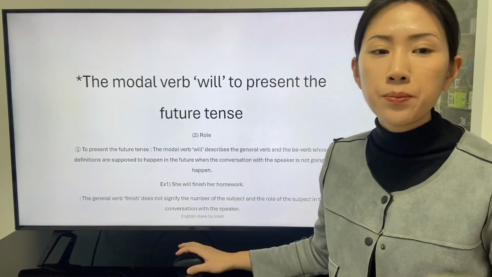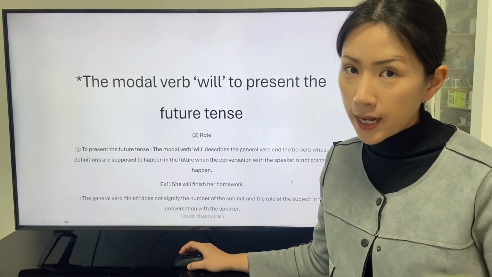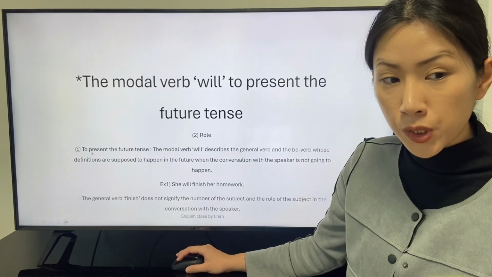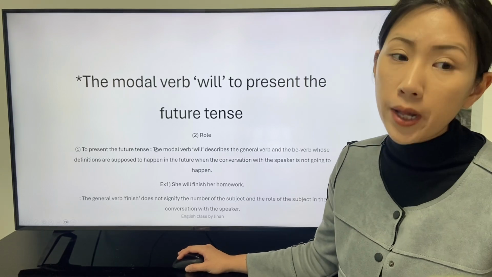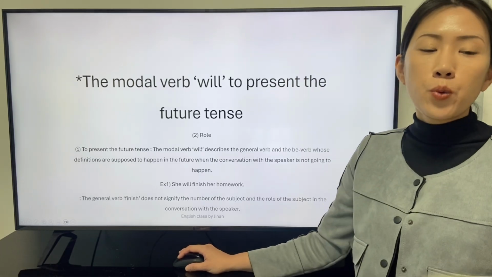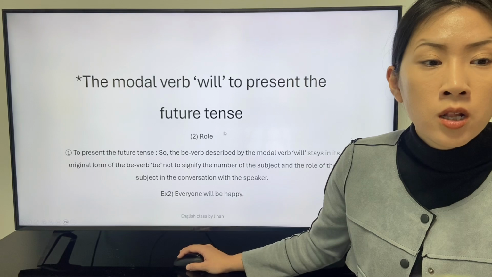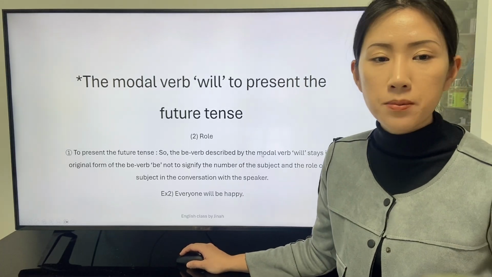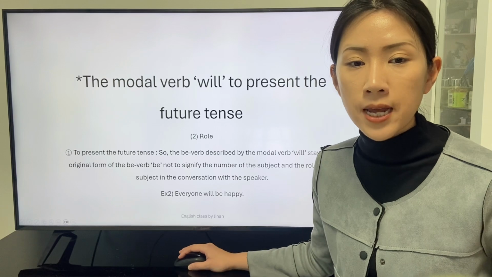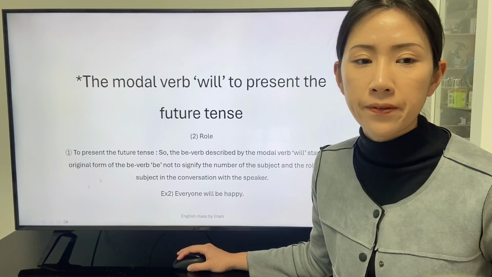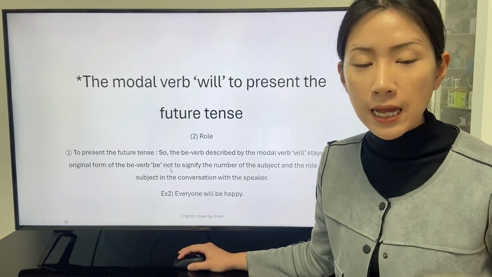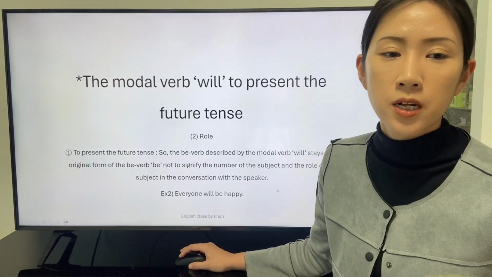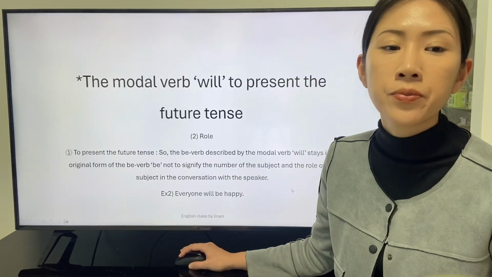The modal verb will to present the future tense with the be-verb has a role to reveal the future tense as well. The modal verb will has a role to present the future tense. So the be-verb described by the modal verb will stays in its original form of the be-verb, be, not to signify the number of the subject and the role of the subject in the conversation with the speaker.